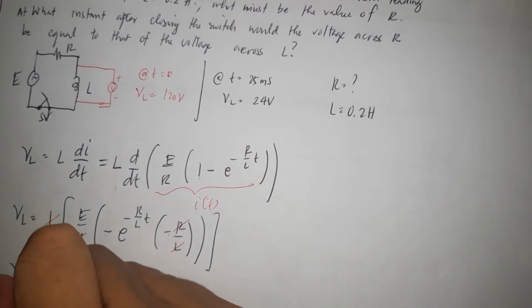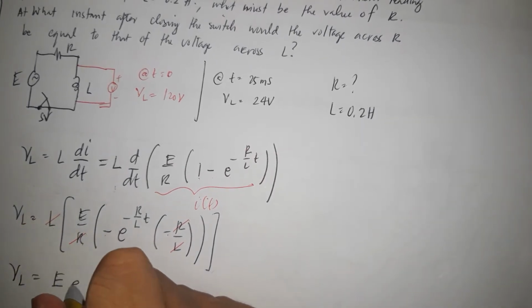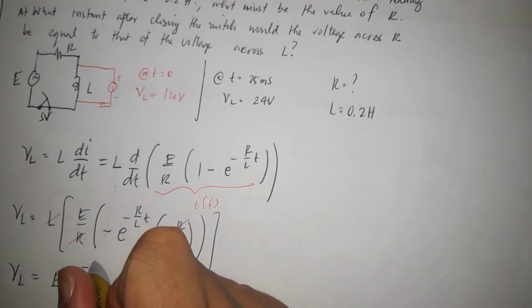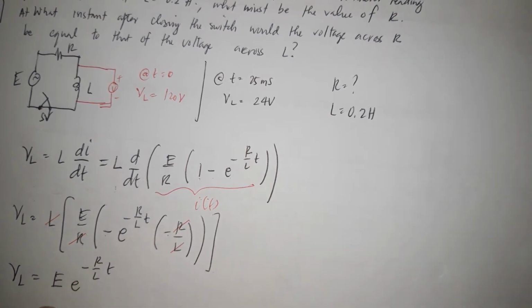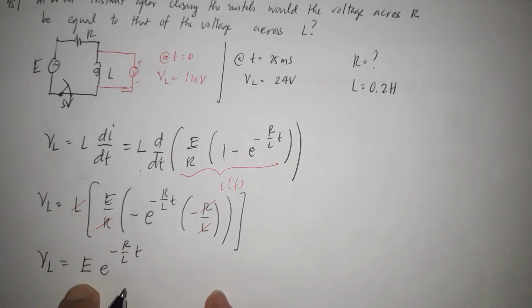So your VL is actually defined as e to the negative R over L t multiplied by our voltage input, E.